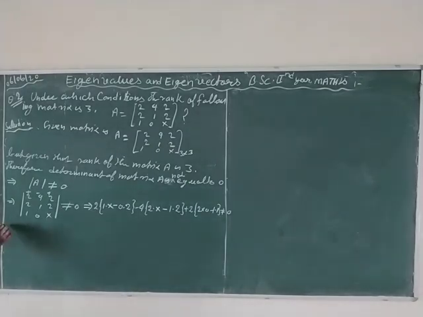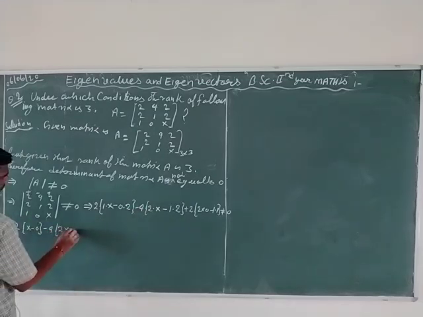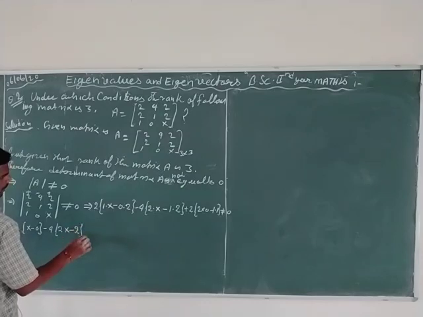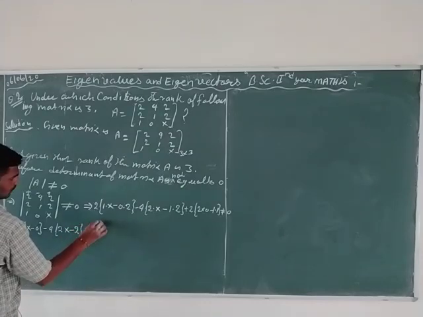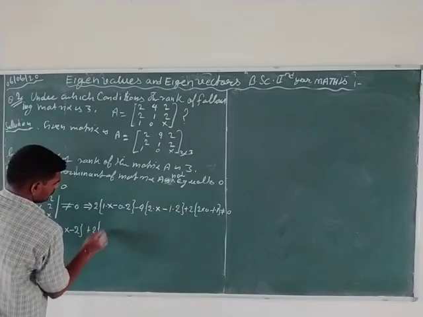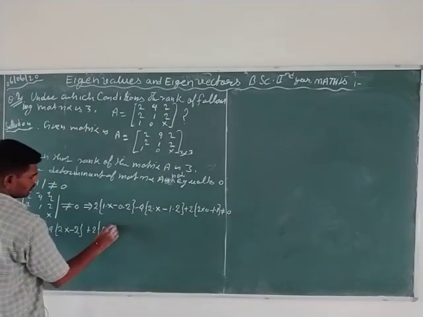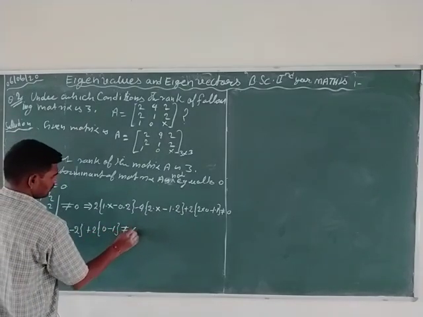After simplification of this expression: 2 [1 into x is x minus 0] minus 4 [2 into x, 2x minus 2] plus 2 [2 into 0 is 0 minus 1] is not equal to 0.